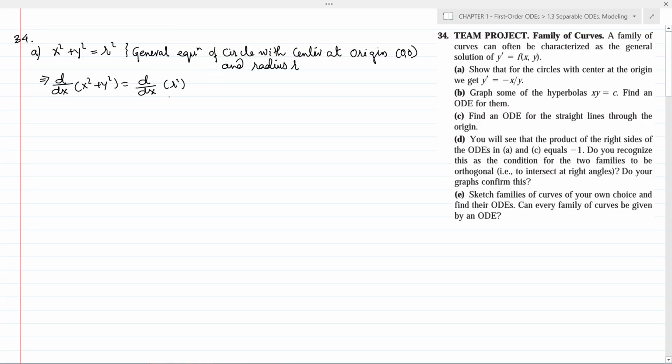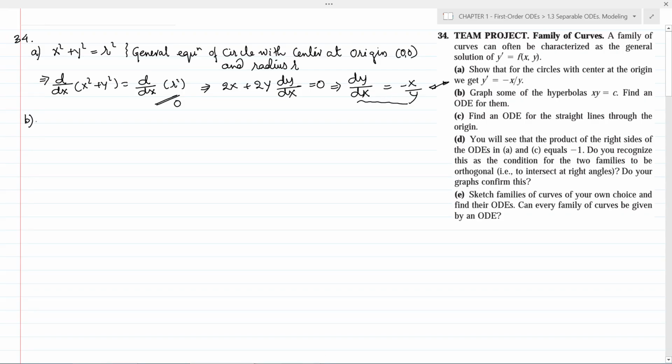Now, since r is a constant, r square is also a constant, and the right hand side term becomes 0, and this implies 2x plus 2y dy by dx equal to 0, which implies dy by dx equal to minus x by y, which is given in the question. And this is the differential equation of a circle with center at origin 0, 0.